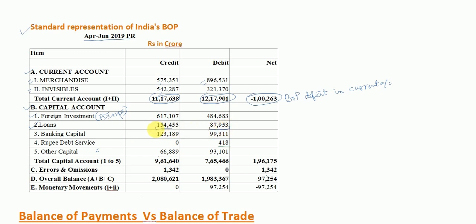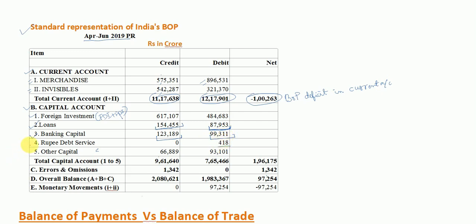Since India receives this much amount of loan from foreign countries, this is the credit, and since India gives loans this amount of rupees to the foreign, this is the debit amount. On the other hand, in the name of banking capital, India receives 1,23,189 crore, and India has a payment of 99,311 crore rupees.